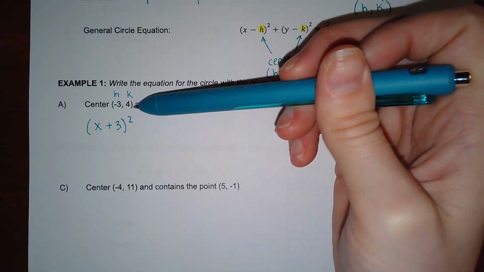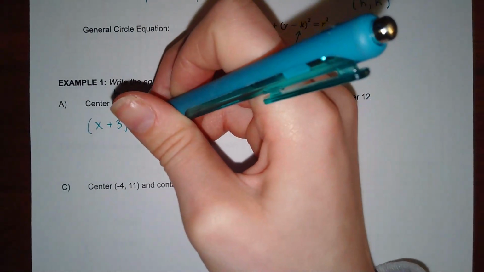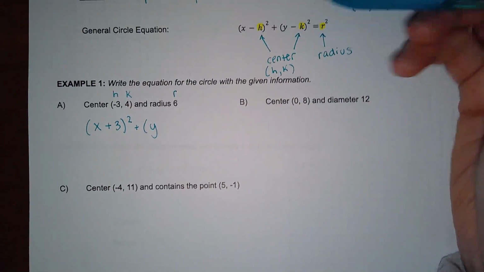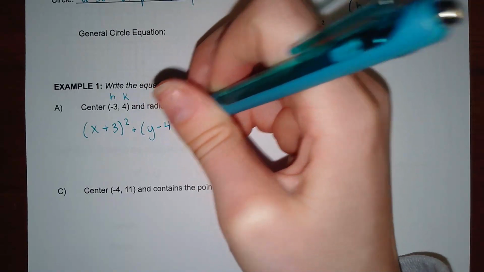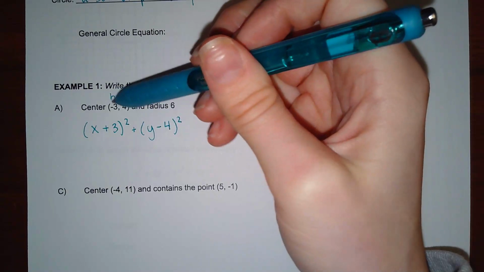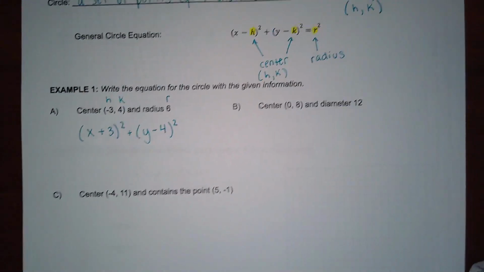And if this is a +4, we should be subtracting it. So I would just say that the center is opposite what we have in the equation. So this minus K, again, if it's minus K, that would be -4. Even though this is a +4, we write the opposite. So -3 becomes +3 and +4 becomes -4.